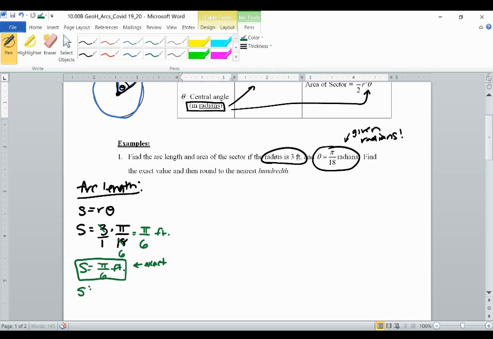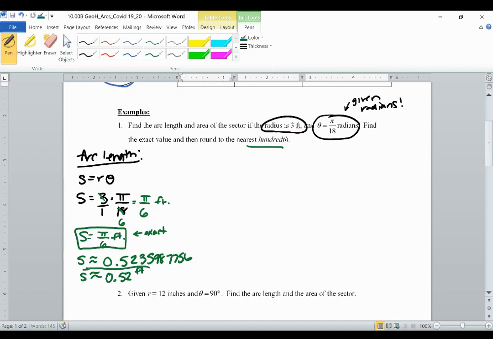If I wanted an approximate, then I'm going to type in pi divided by 6 into my calculator. So use your pi key divided by 6, and that'll give us our approximate value, which would be 0.52359877756. And this says to round to the nearest hundredth, so it would be 0.52 feet.